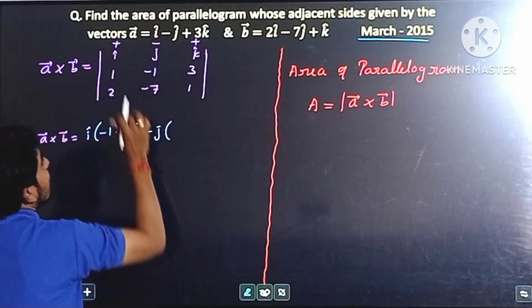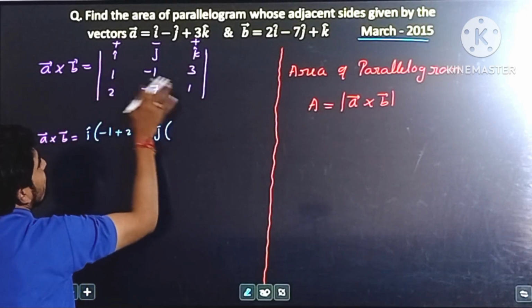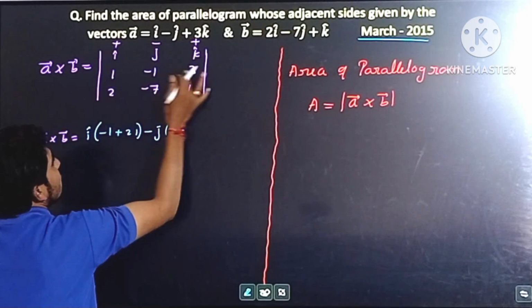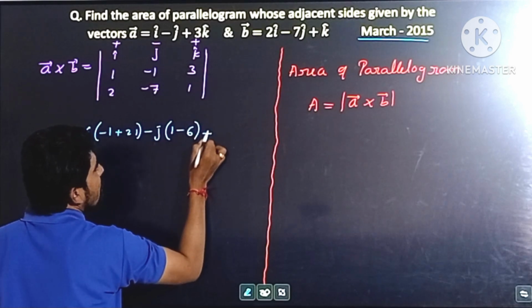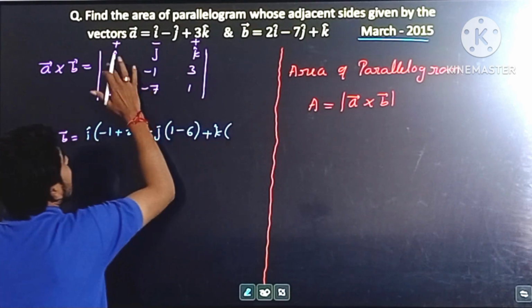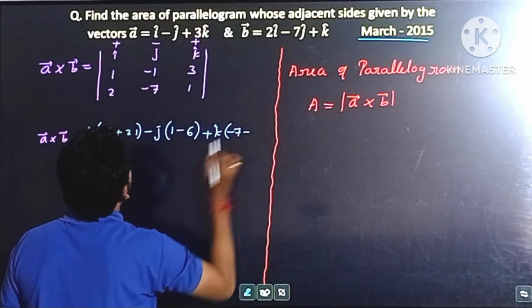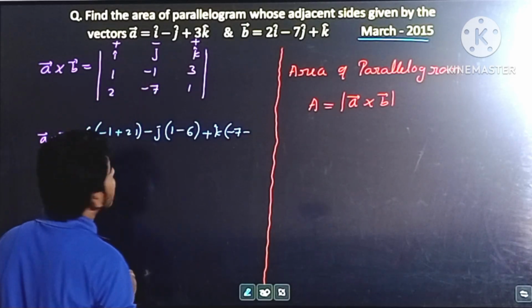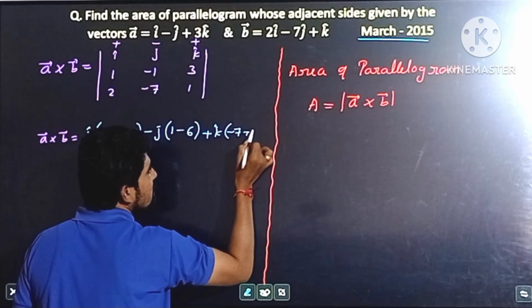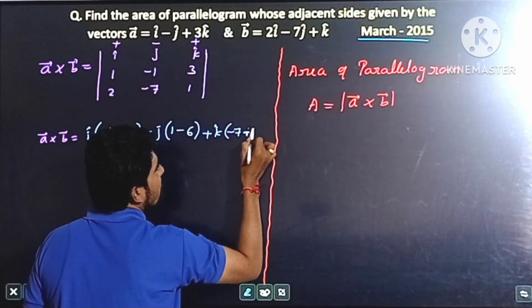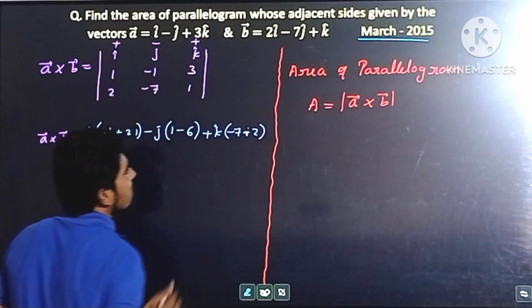Minus j into, deleting first row second column, 1 into 1 is 1, minus 2 into 3 is 6. Plus k into, deleting first row third column, 1 into minus 7 minus 2 into minus 1, that is minus 7 plus 2.